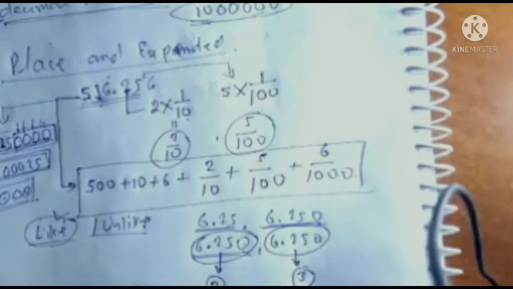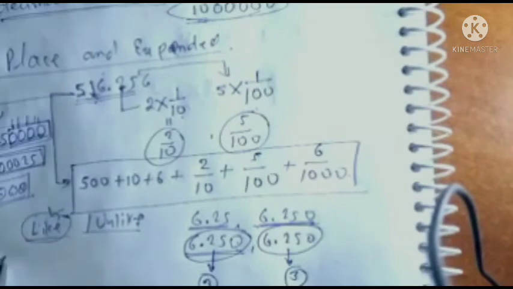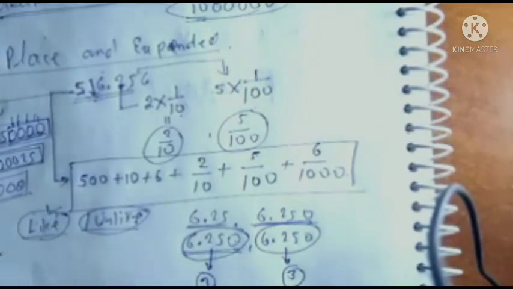So in other words, we can easily convert unlike decimal numbers to like decimal numbers. Again, take an example.